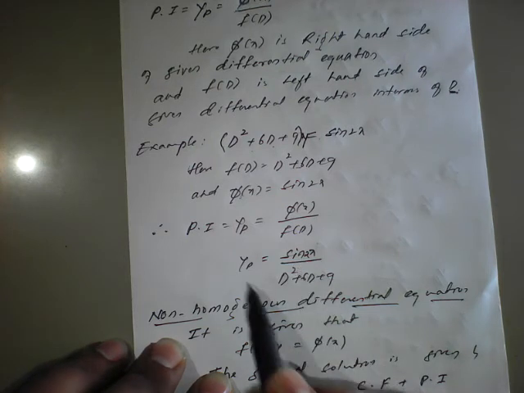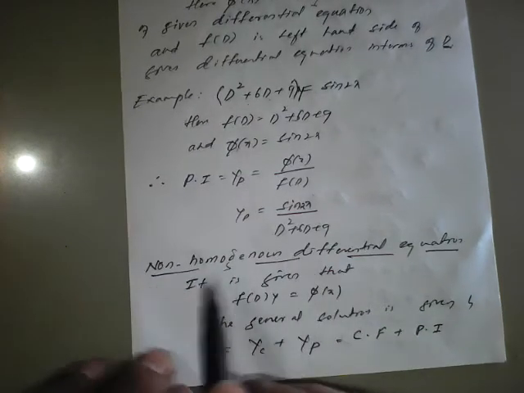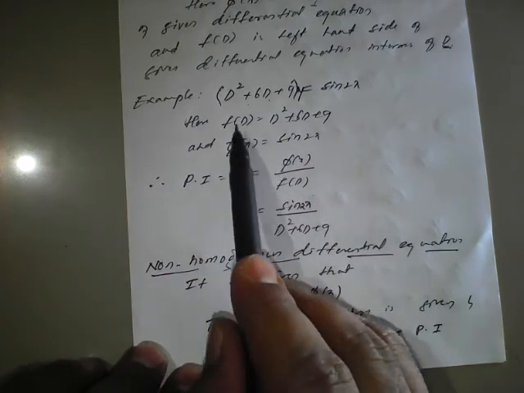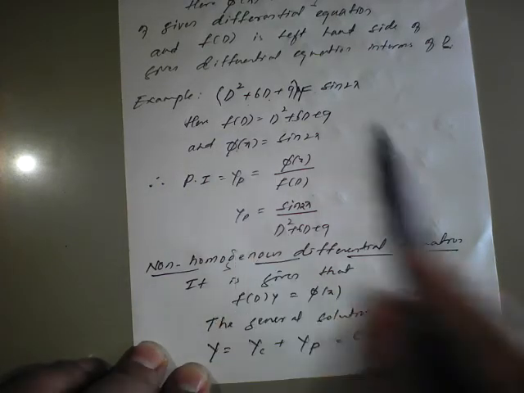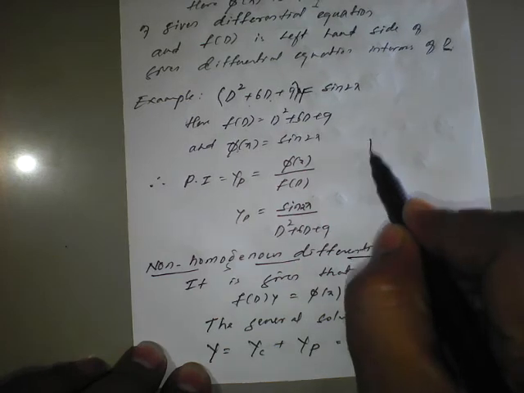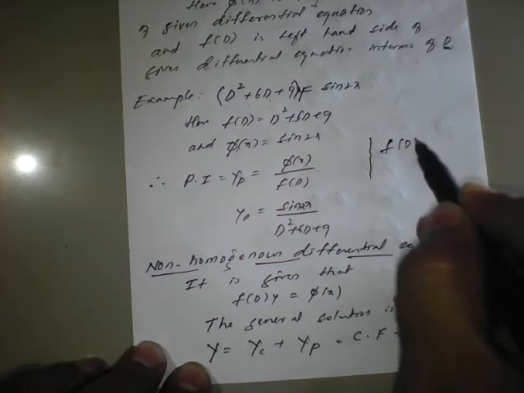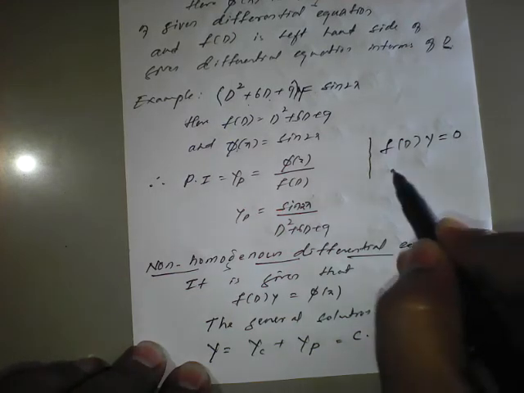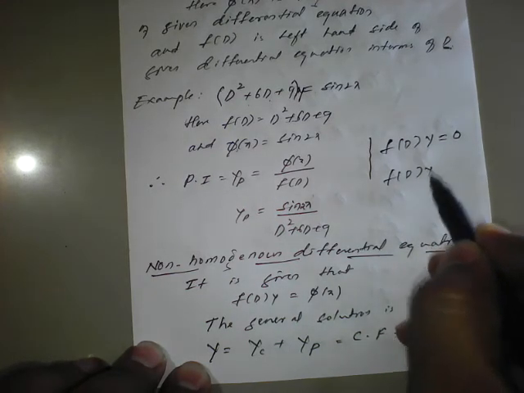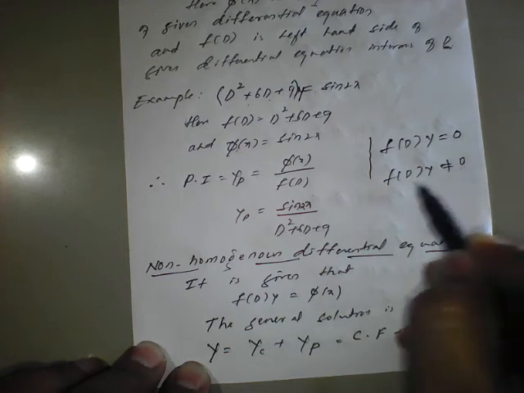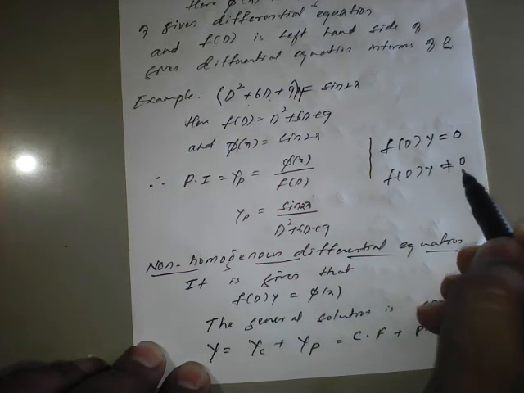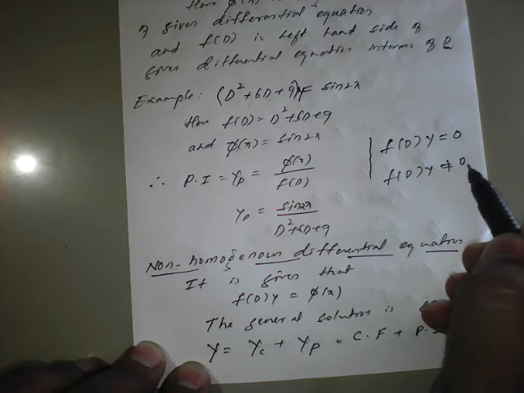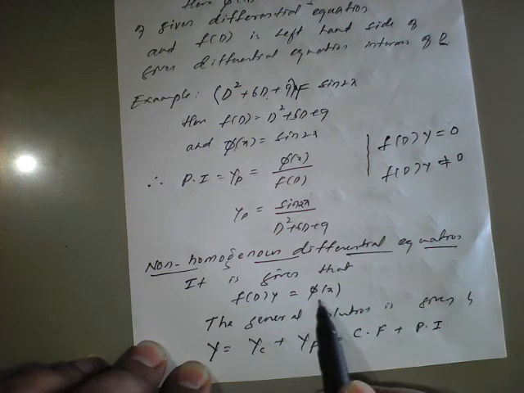This concept comes under what we saw in the beginning of the classes: f of D of y equal to 0 is homogeneous, and f of D of y not equal to 0 is non-homogeneous. Not equal to 0 means it equals something, and that something is nothing but phi of x.